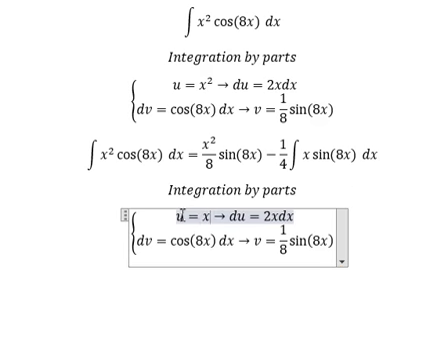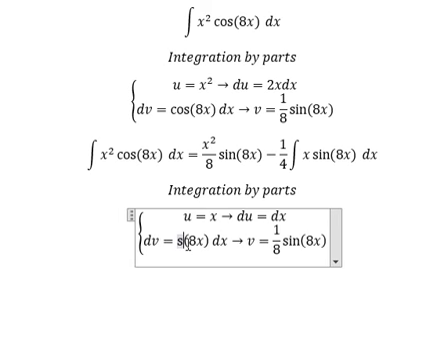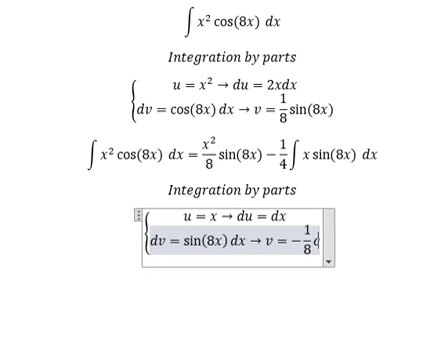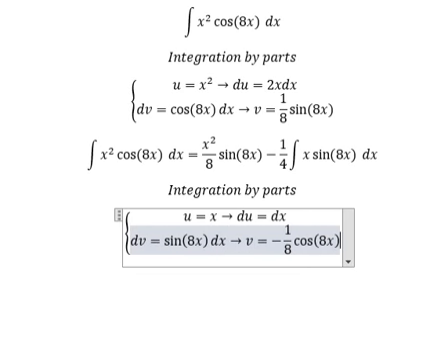Now if we first take the derivative of both sides, we have du equals ds. dv is sine 8s ds. The integration of this, we have v equals negative 1 over 8 cosine 8s.